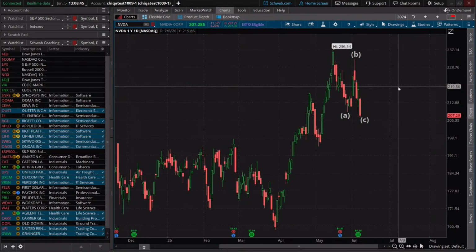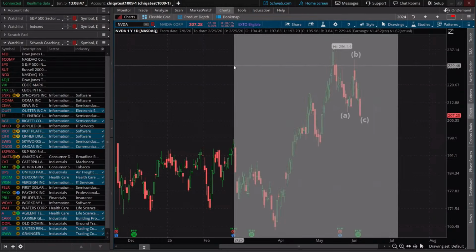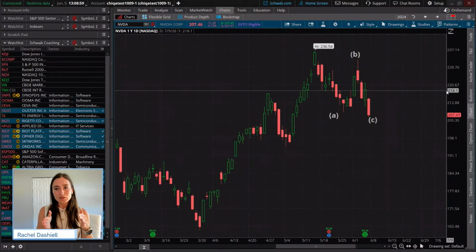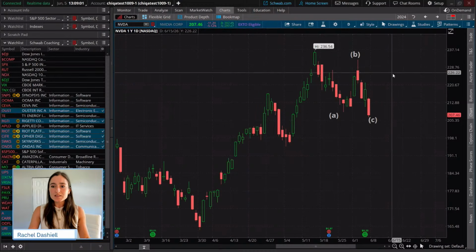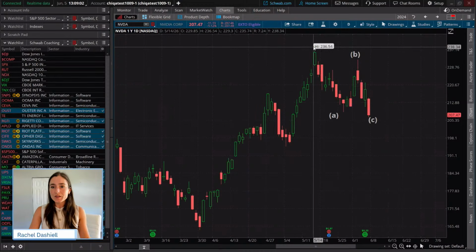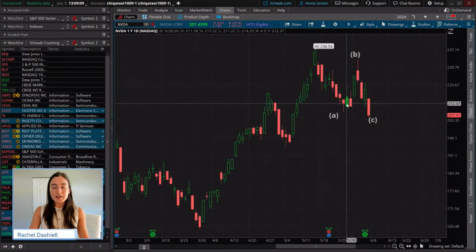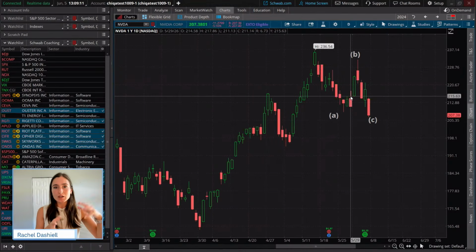So essentially what zigzags are in this scenario is they're a 5-3-5 pattern. So remember when we talked about how each of these waves actually has various waves in a lower degree? What this essentially means is that we have a 5-wave motive wave down into this wave A. So wave A is essentially a motive wave of a lower degree.